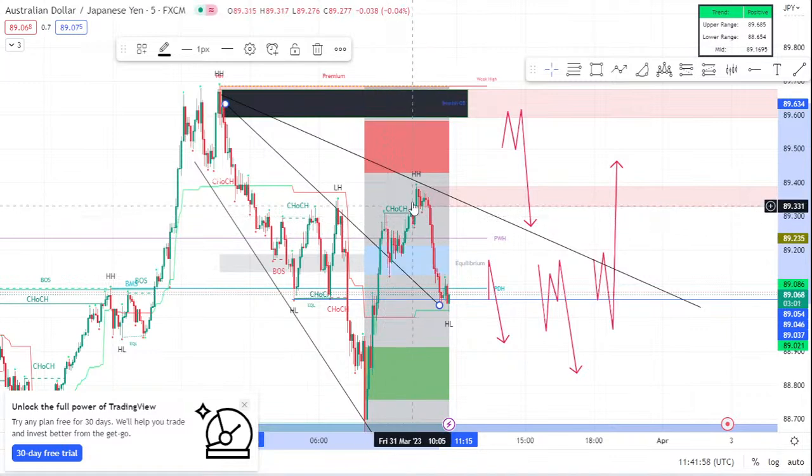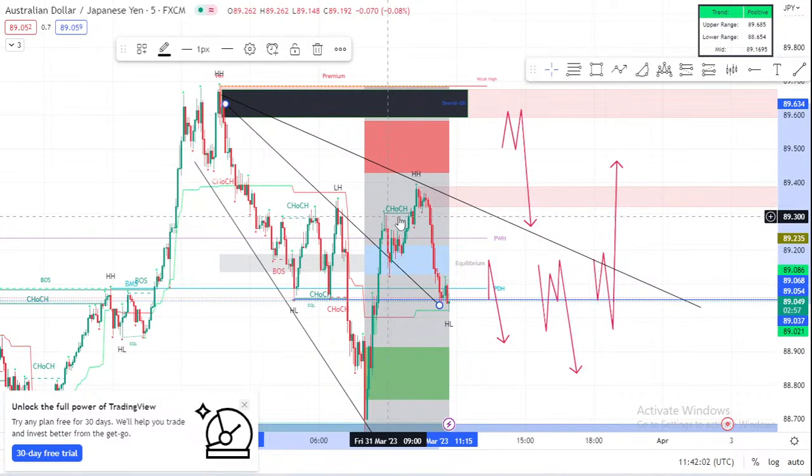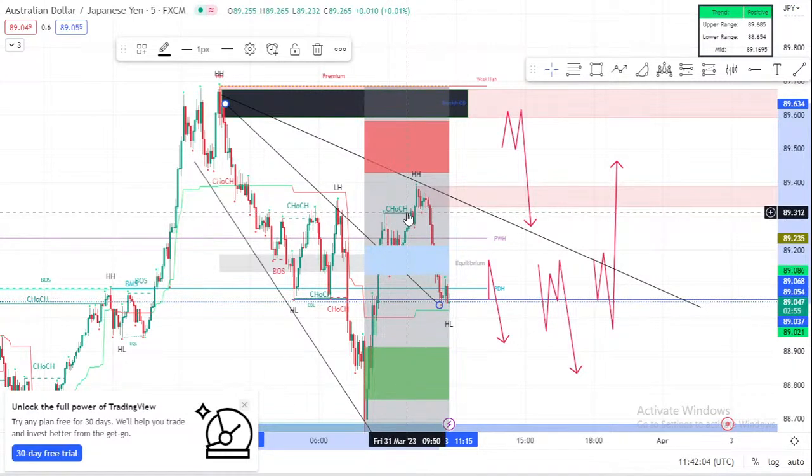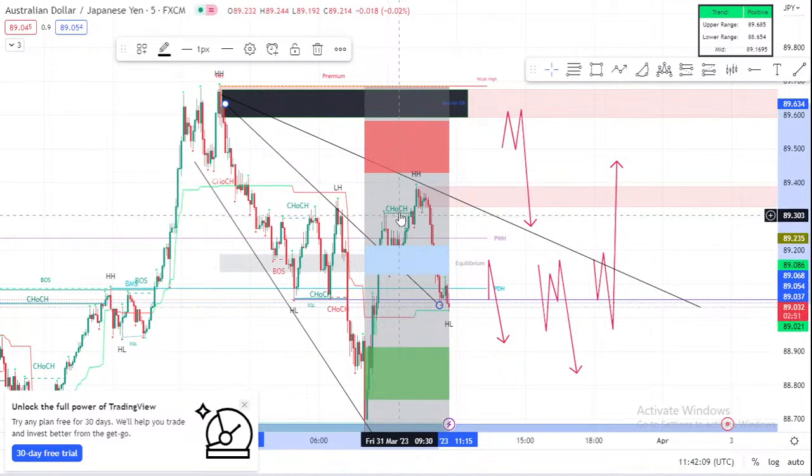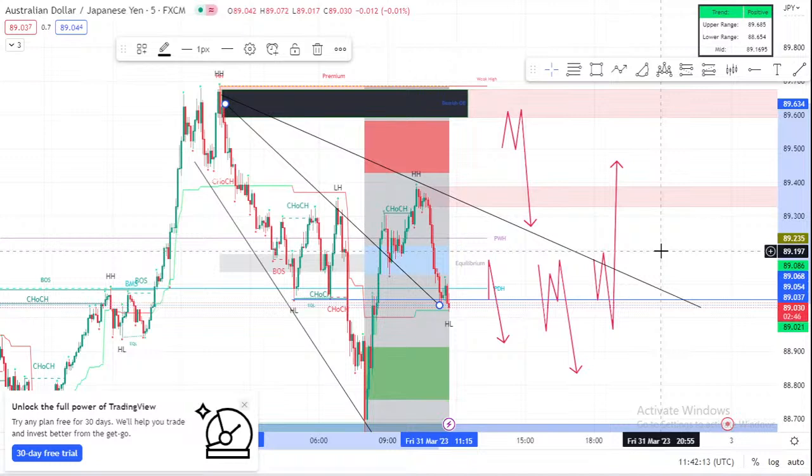And you notice this level over here was now higher than the previous one, creating a change of character at this zone. So that is where you can see the CHoCH. If you're new, the CHoCH literally stands for change of character.